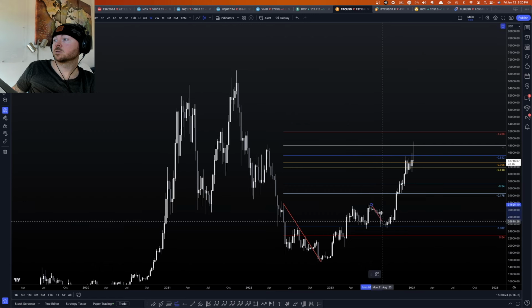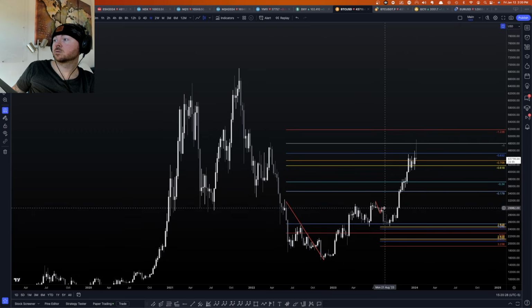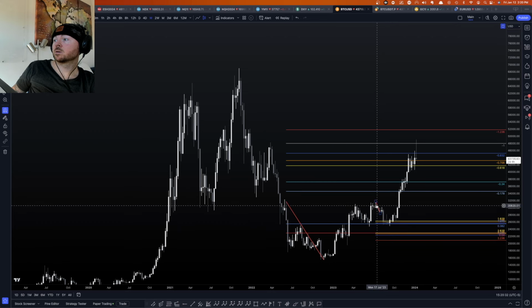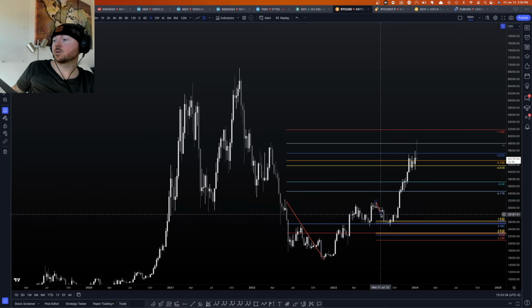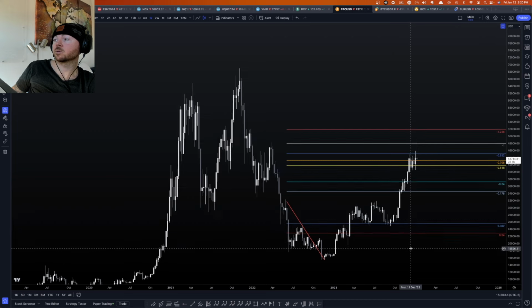That didn't quite make it, huh? If you pull impulse fibs from here before this impulsive move down, there was confluence here in the 706-832 zone, so there's a little bit of confluence.